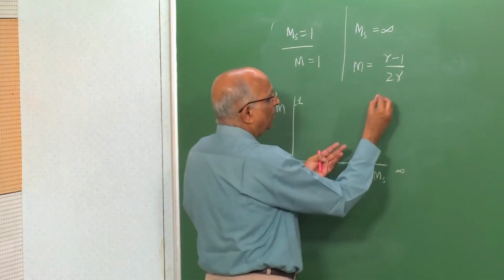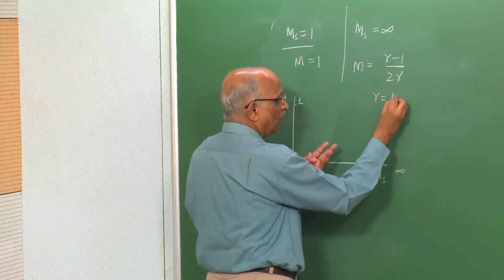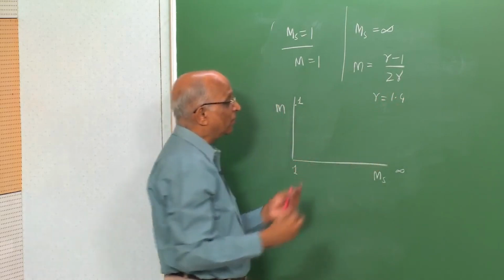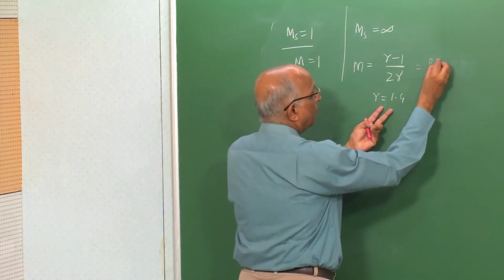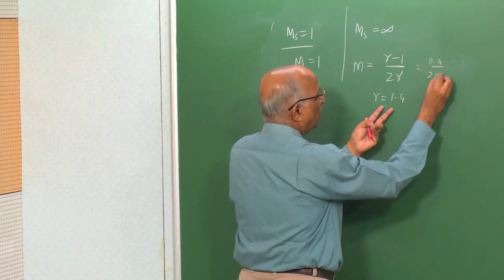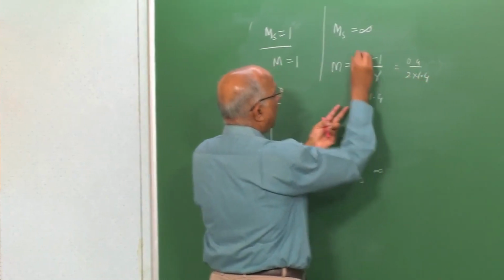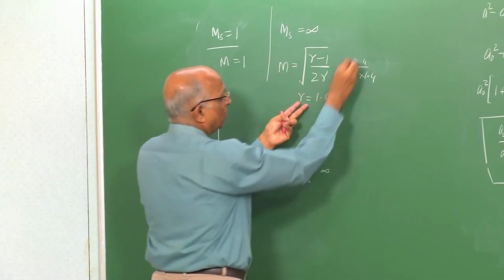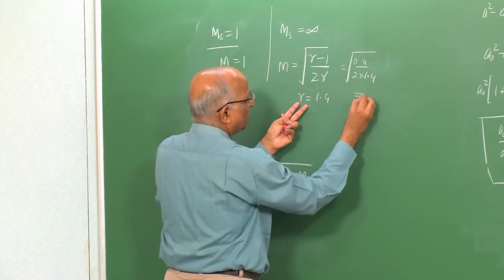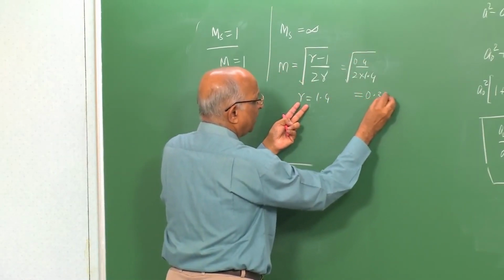What is the value? We take gamma for air equal to 1.4, let us say we are doing it for atmospheric air. We get 0.4 divided by 2 into 1.4, and mind you, this is under root, since this was M squared over here. This works out to be 0.38.